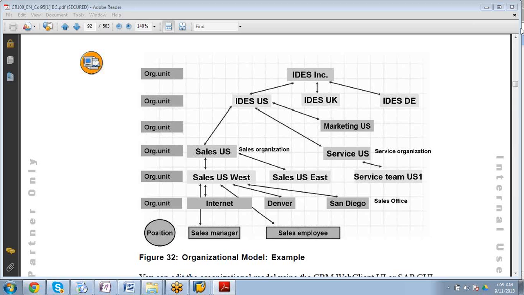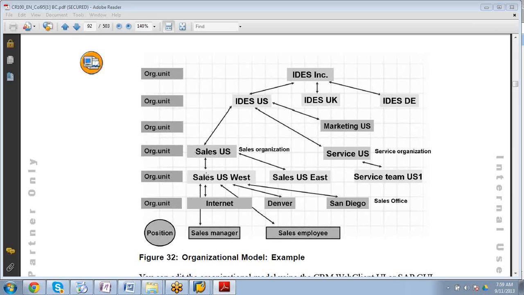The org unit internet is involved, so it will automatically put its number. And internet belongs to sales US West, so it automatically brings that. You can see the arrow marks spreading both sides, everywhere.